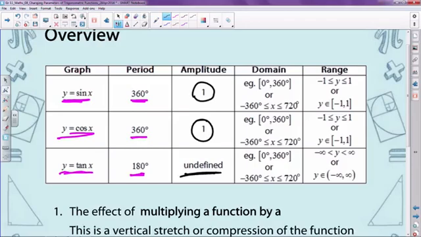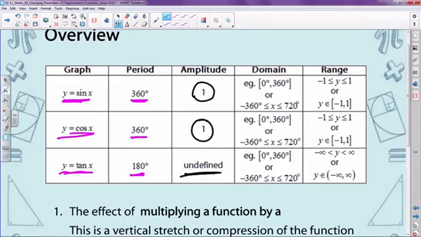All right, and now if you look at your domain, given examples, the domain is always going to be given in inequality format or interval notation, okay? So you can either start from 0 to 360 degrees or negative 360 to 720 and so forth.